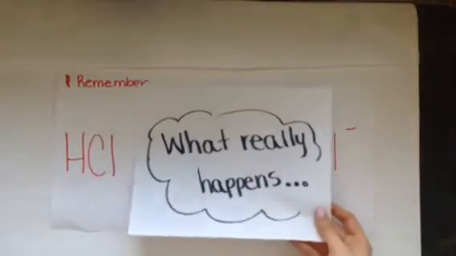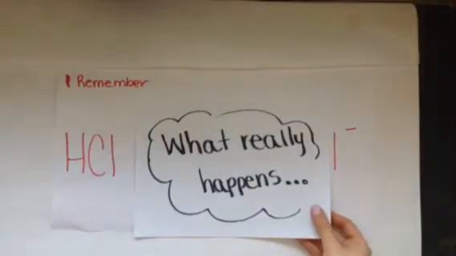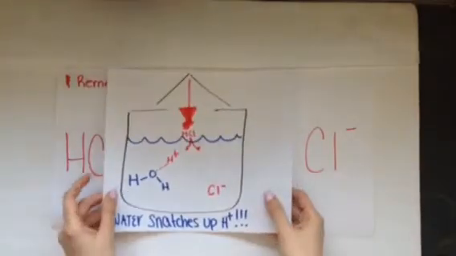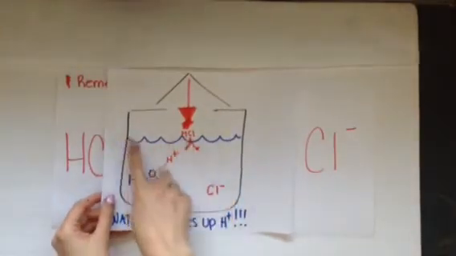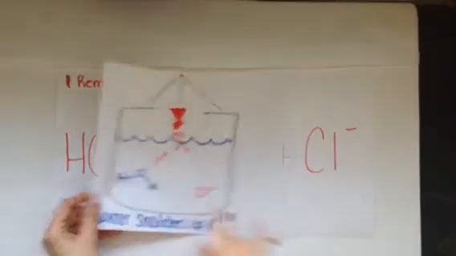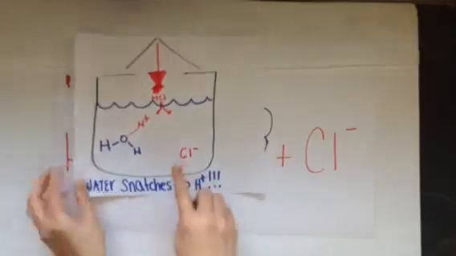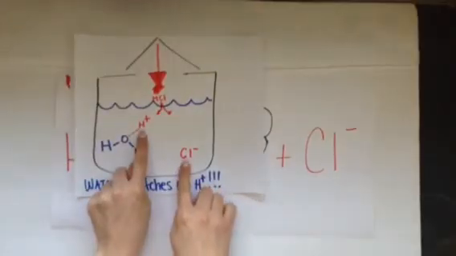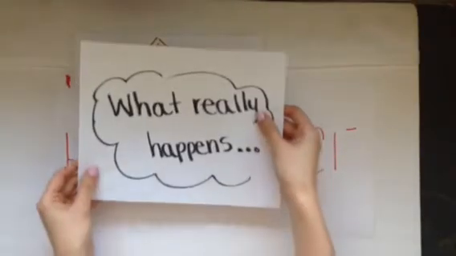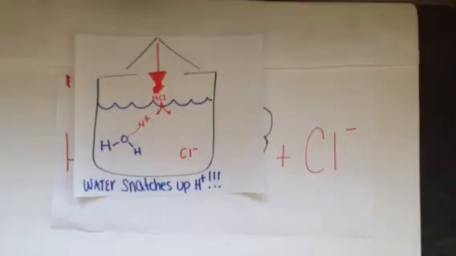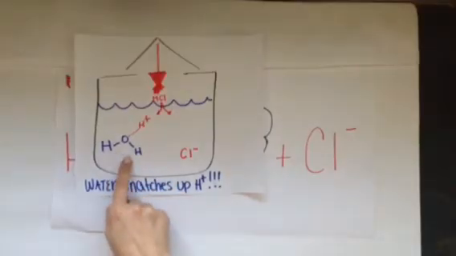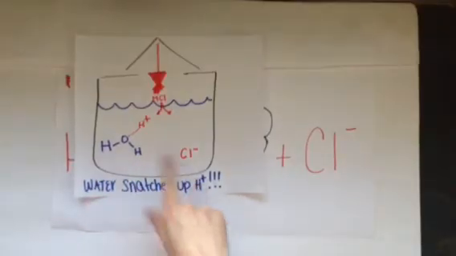So what really happens? Well, what really happens is seen here in the beaker. If you notice, I throw my HCl into water. Same thing happens. H and Cl dissociate or ionize. I see them come apart. But what really happens that I didn't mention last time is that the water snatches up that hydrogen.